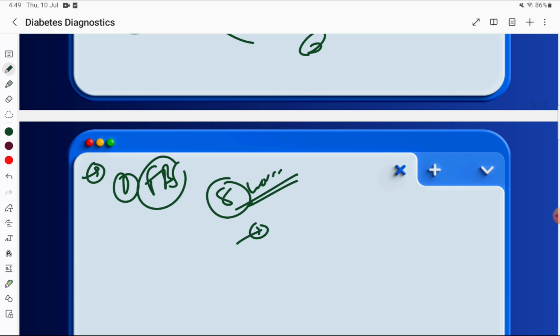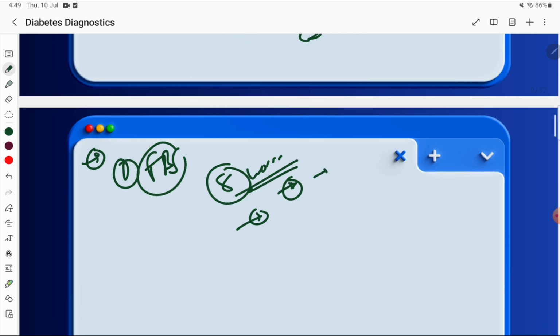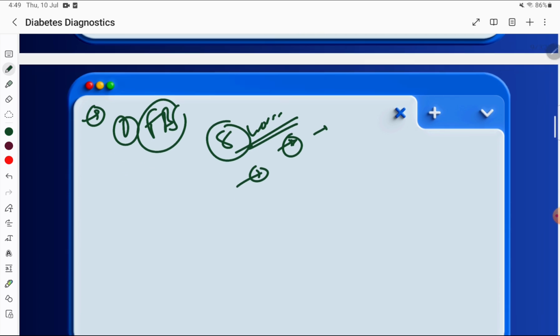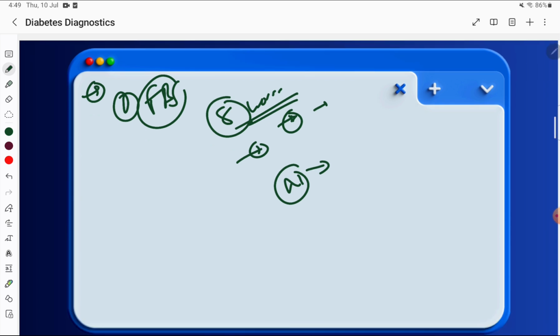The reference range, as given by local Indian laboratories, the IMA, and also the American standards, is that a normal person's fasting blood glucose should be in the range of 70 to 99 milligram per deciliter.